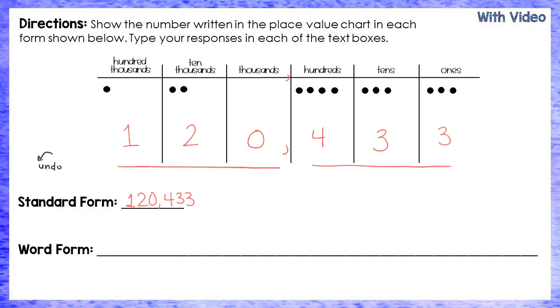The rule for writing in word form is that we must write the word exactly as we say it. So we say all of the thousands together first. So let's read the thousands place. 120, and then we're going to say thousand.